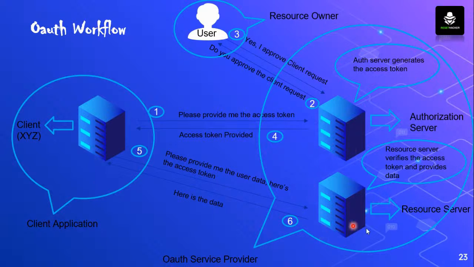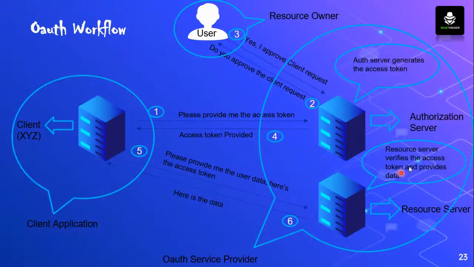And the resource server verifies the access token which was generated by the authorization server. If it is sent by the client, then the resource server will be able to send the resource owner's data to the client.